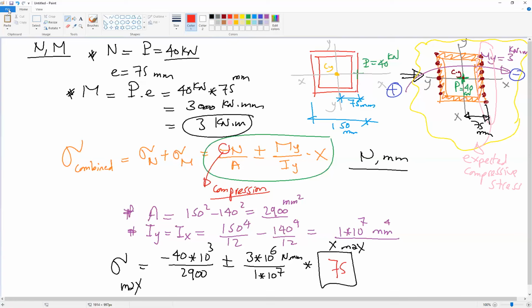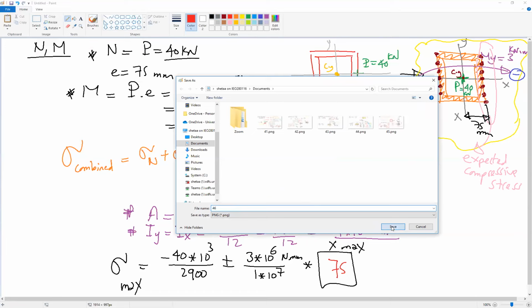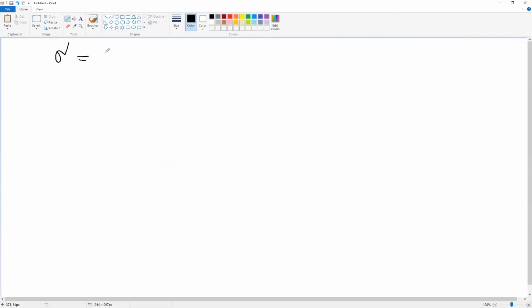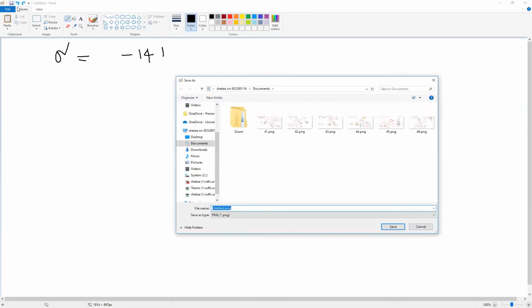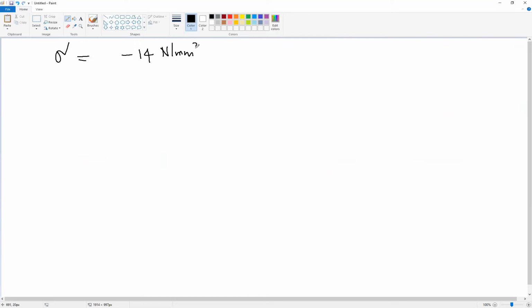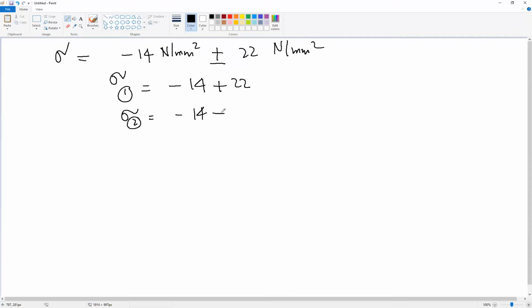This gives us that sigma N will be negative 14 MPa, or Newton per millimeter square, plus or minus for the moment 22 Newton per millimeter square. So sigma 1 will be negative 14 plus 22, and sigma 2 will be negative 14 minus 22.